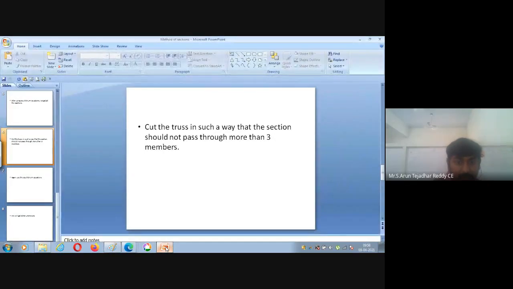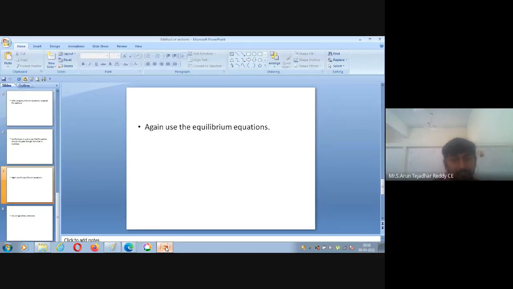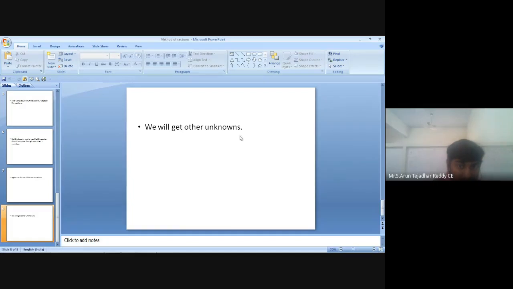So after completion of this step, what is the next step? Again, use the equilibrium equations. Why? Because we will get other unknowns.